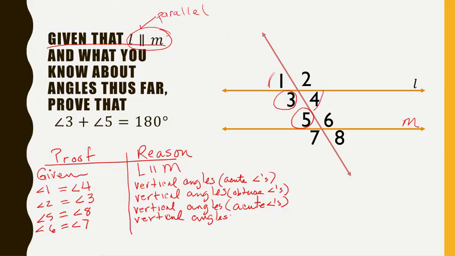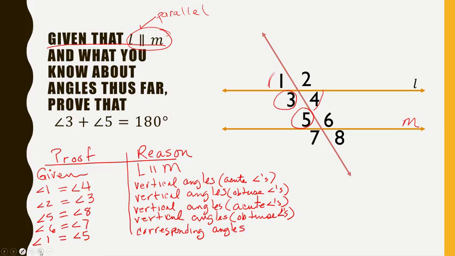They're obtuse. Okay, then we can say angle 1 equals angle 5 because they are corresponding angles. They're on the same side of the transversal.